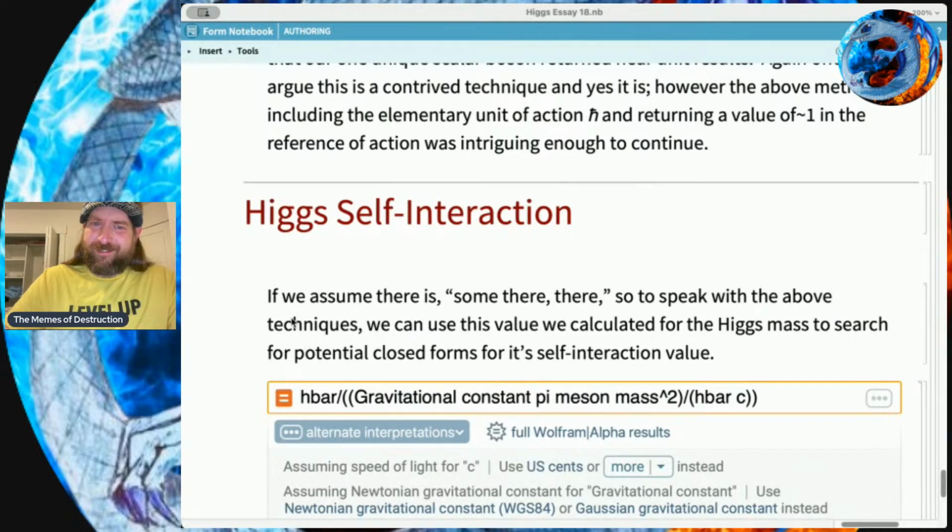A constant. Oh, and the standard model. All right. So the lambda standard model is the Higgs square divided by... Okay, it's got what we need. Yeah. Okay. Cool.